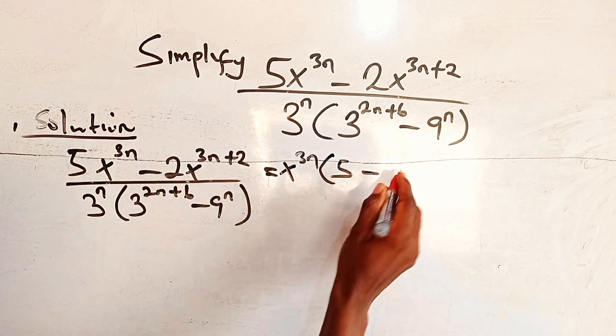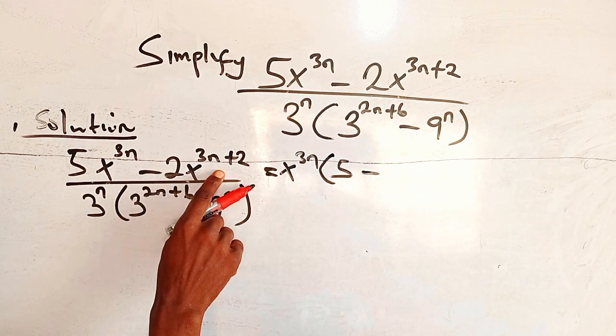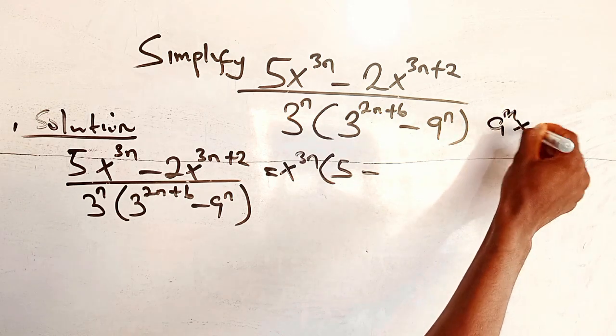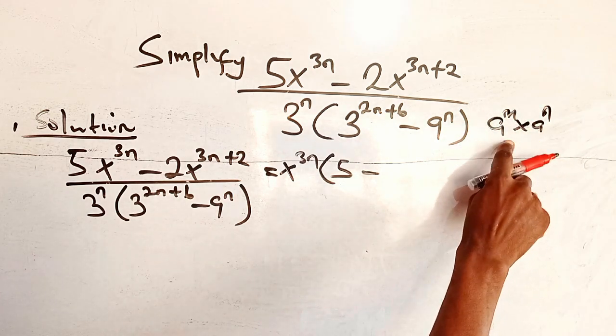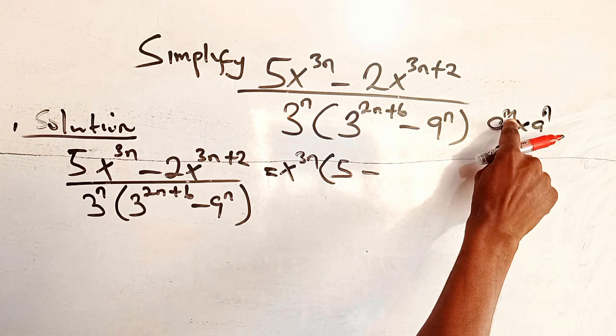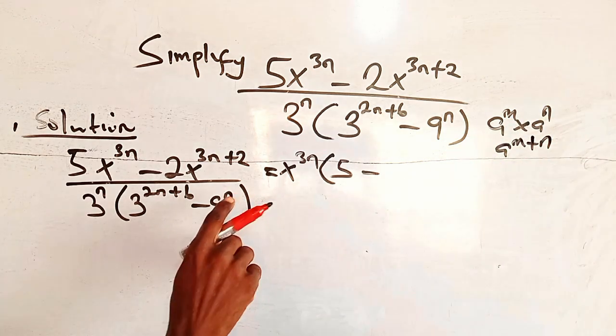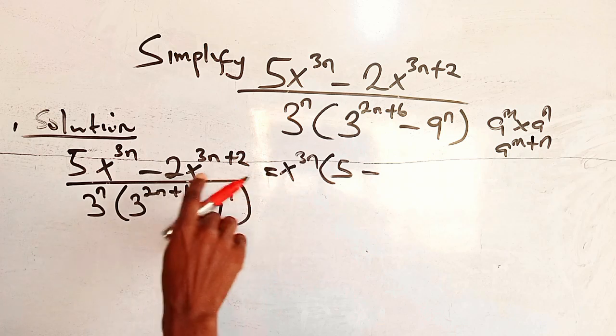Do not forget the laws of indices. We are multiplying the same base, so we add up the exponents. What do we multiply with x raised to power 3n to give x raised to power 3n plus 2?